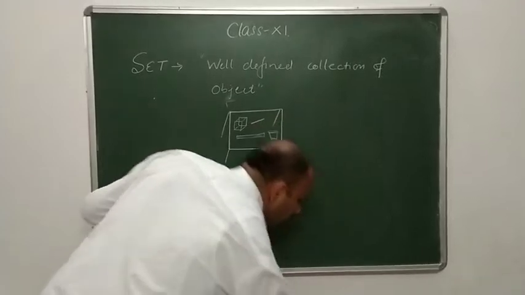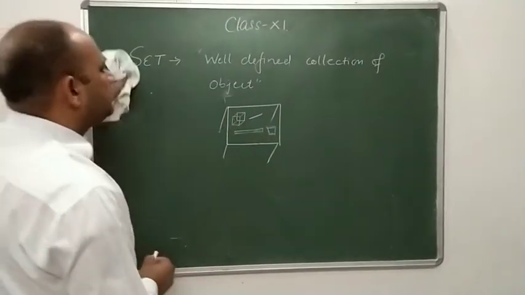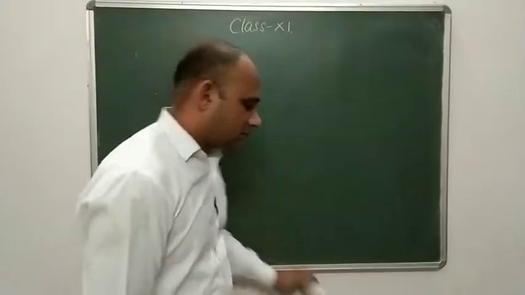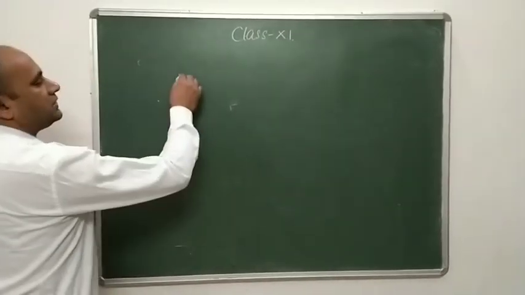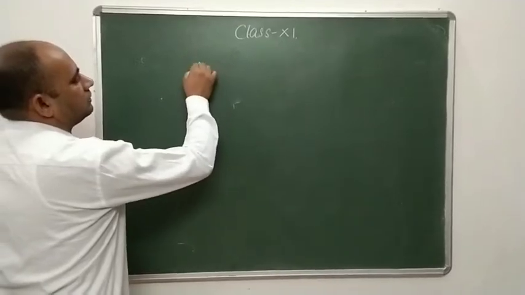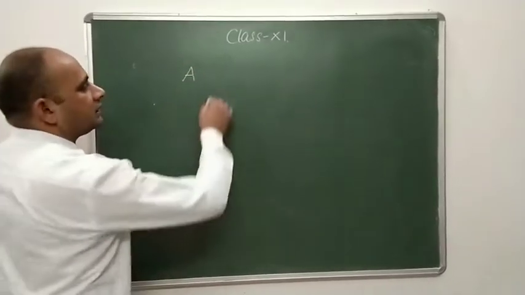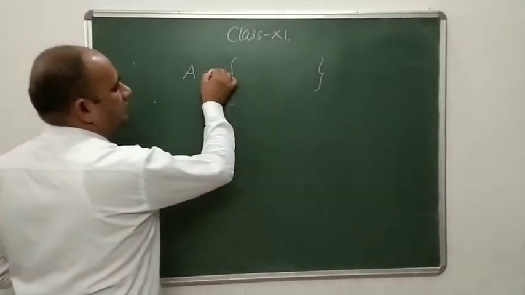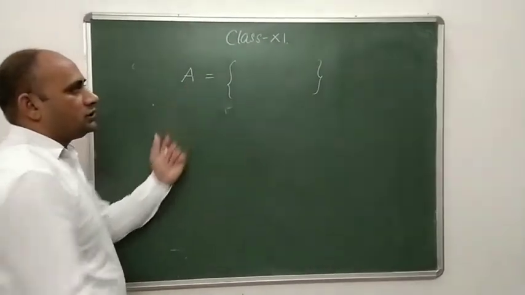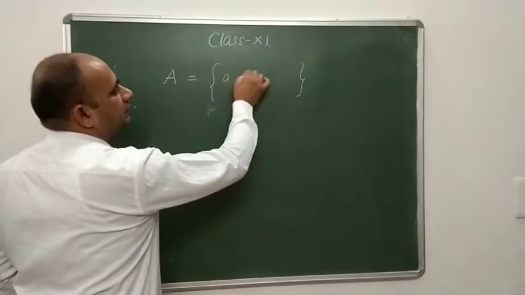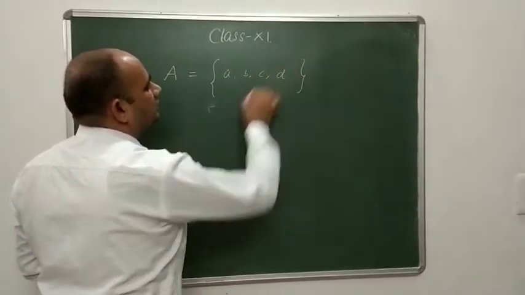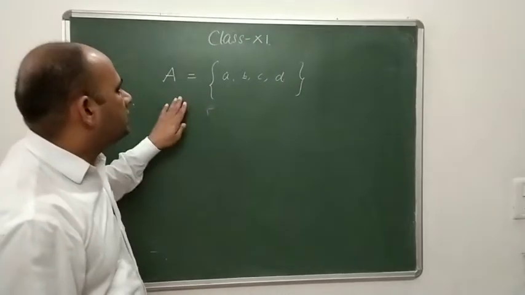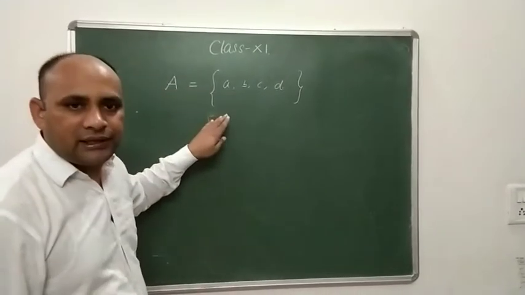So after definition of set, notation for a set. Notation for a set means a set denoted by always capital letter and curly bracket, in which suppose A have A, B, C, D. So thus it is the notation for a set.